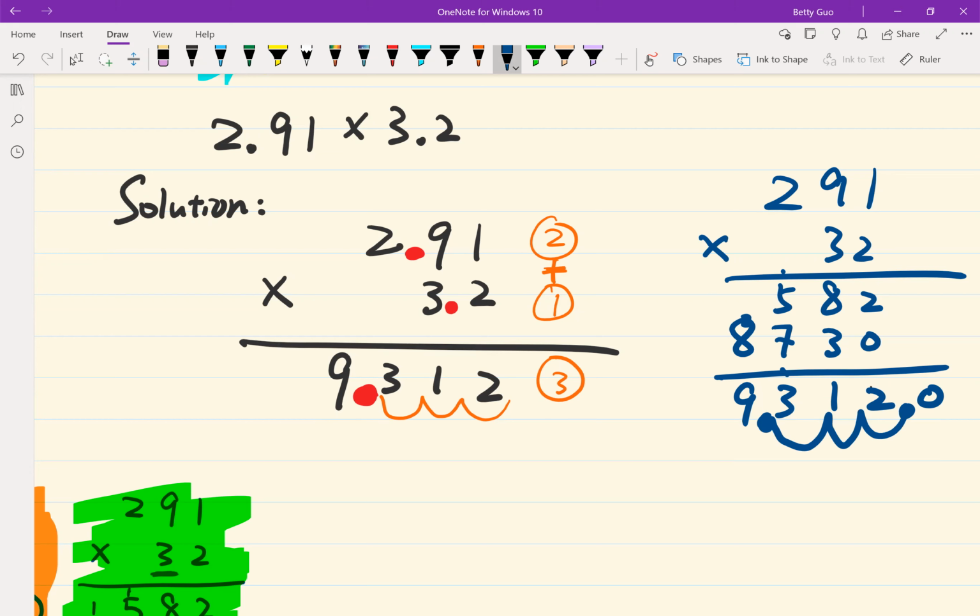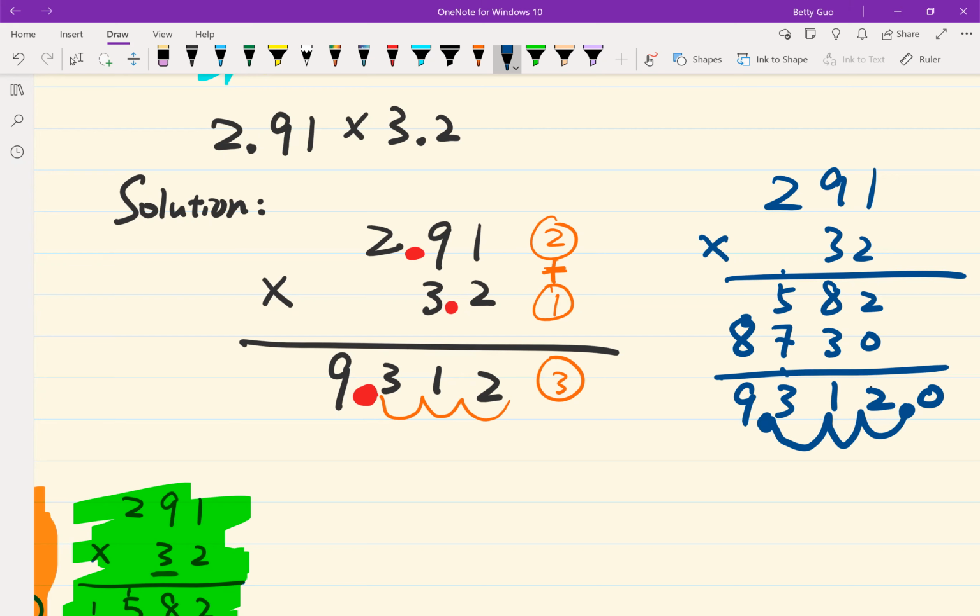A very useful way to know where to place the decimal point is to estimate. Is 2.91 very close to 3? Yeah, so we use 3 to approximate 2.91. 3.2, the second decimal, is also very close to 3.